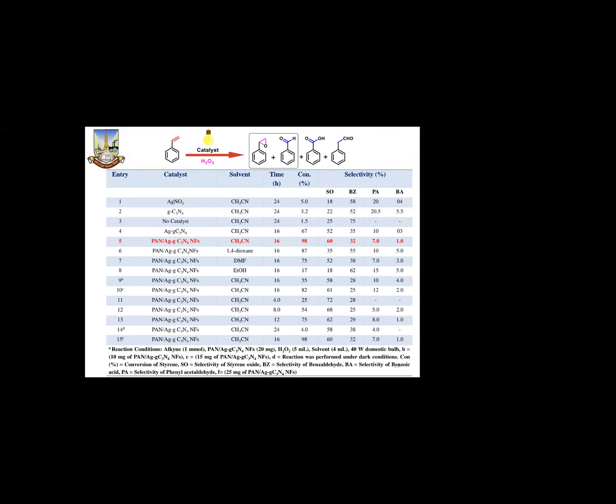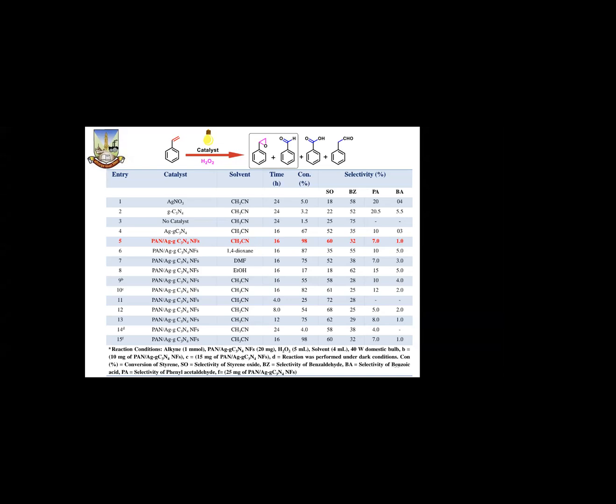There is a formation of styrene oxide, benzaldehyde, then phenylacetaldehyde, and benzoic acid. There are 4 products, and 2 products are major and 2 are minor. With PAN-Ag-C3N4 in presence of CH3CN as a solvent, the time required is 16 hours only, and total conversion of all these products is 98%.